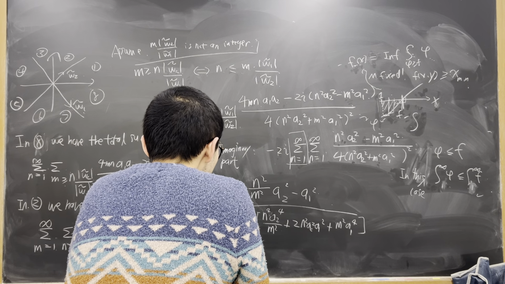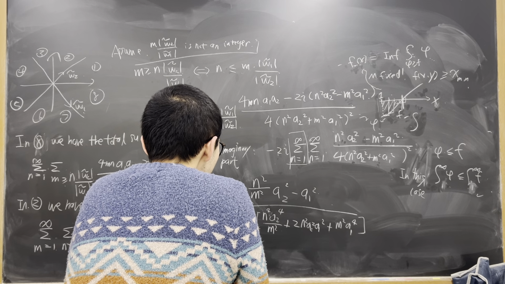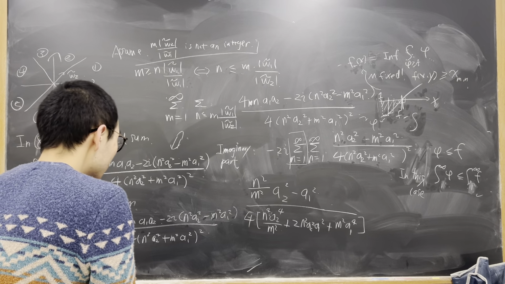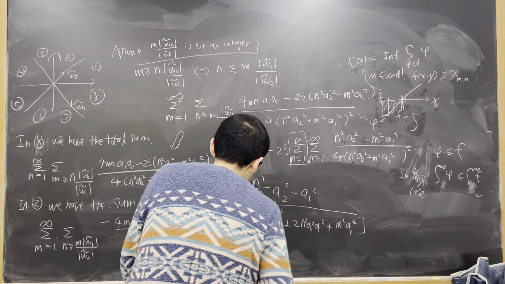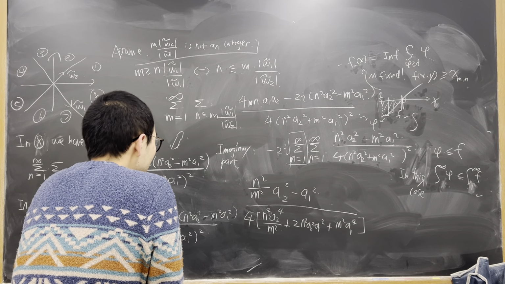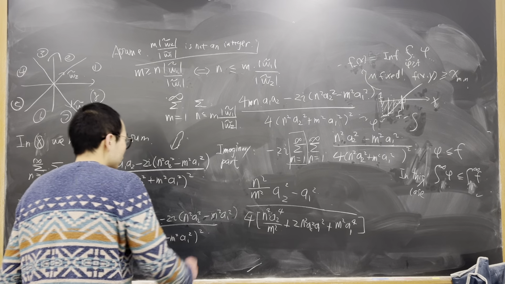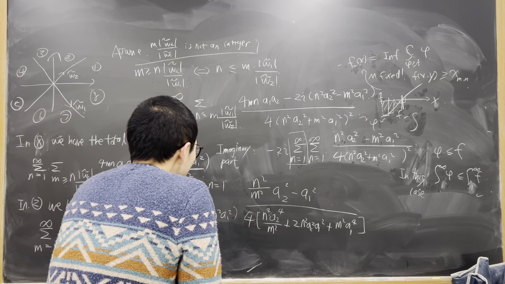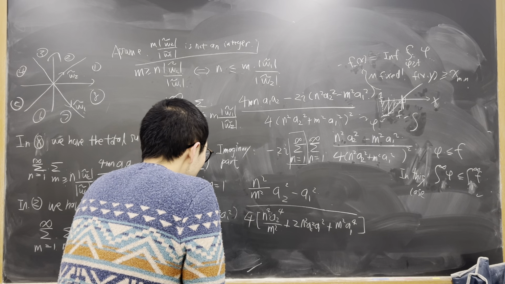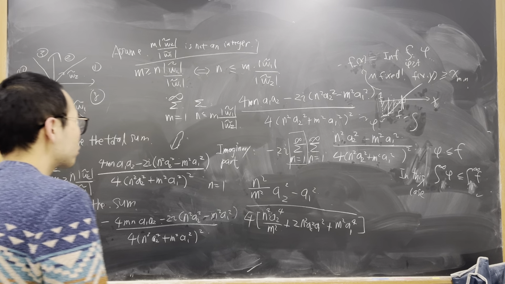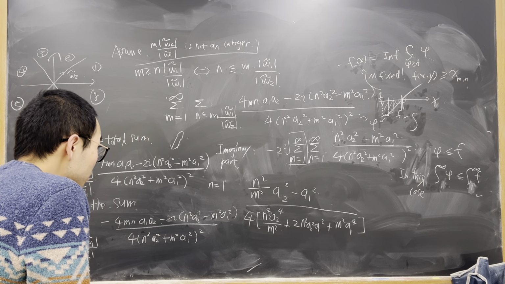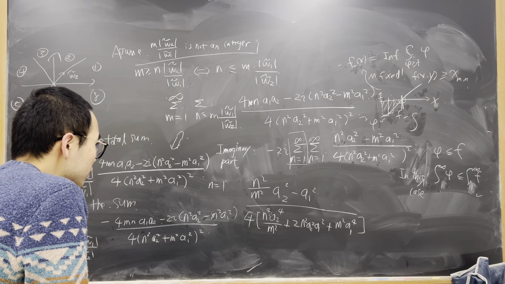Let's say a equal to 1 and n equal to 1. So this is just a2 to the fourth power over m squared. When I increase m, this a2 to the fourth power over m squared gets smaller, but m squared times a1 to the fourth power is very big.